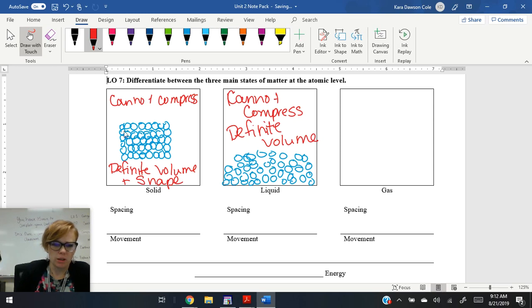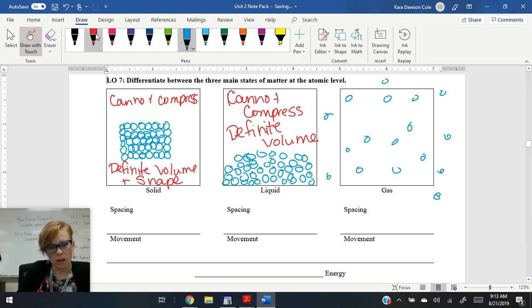So that's a liquid. And notice how these atoms are very, very close together, and then these atoms are a little bit spaced further apart. So then if I move through the next thing, I become a gas. But a gas can compress. The main reason that this gas can compress is because it's got so much space between the actual atoms.